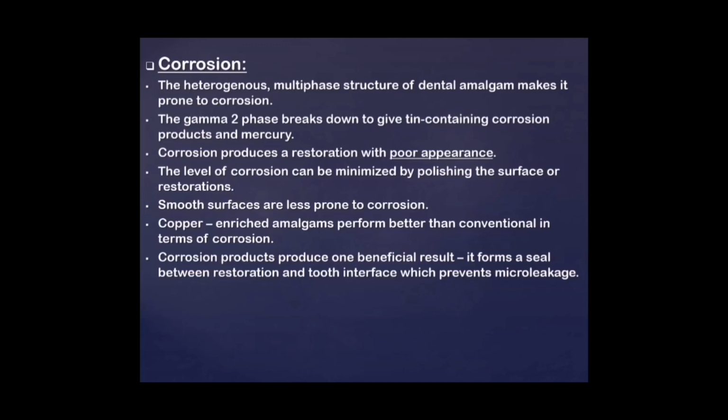Smooth surfaces are less prone to corrosion. Copper enriched amalgam performs better than the conventional in terms of corrosion. Corrosion products produce one beneficial result. It forms a seal between restoration and tooth interface which prevents microleakage.